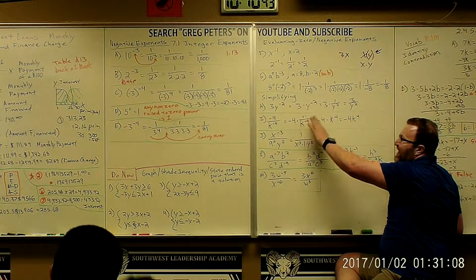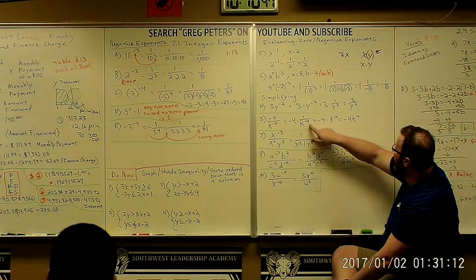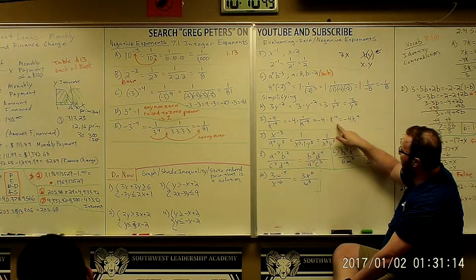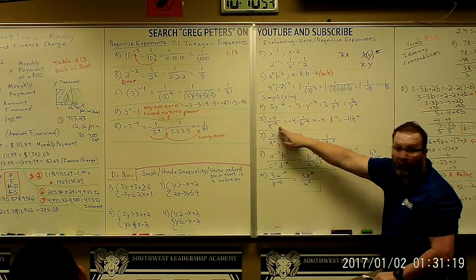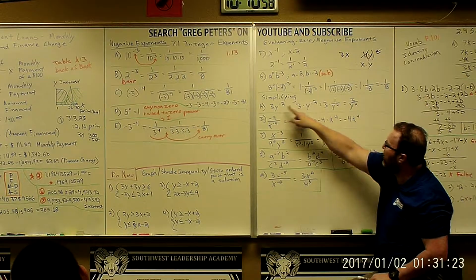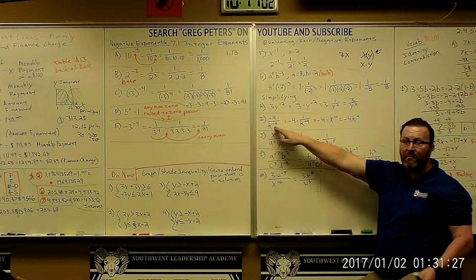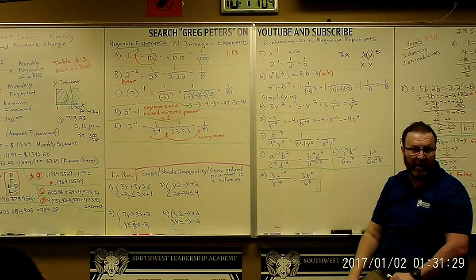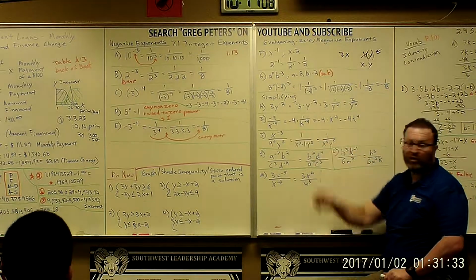Now, notice, I didn't simplify this yet because essentially what I do is I get rid of the negative and write this over here. And the reason being is this at the bottom, reversed, is positive. Just like this goes to the bottom, negative goes to the bottom, and if it's negative on the bottom, it goes to the top. Are we clear? Yes, sir. Except in a situation like this.